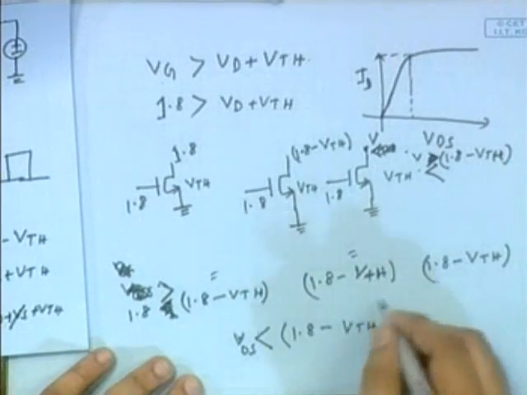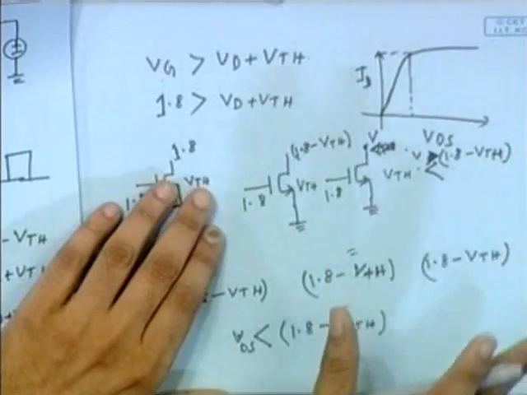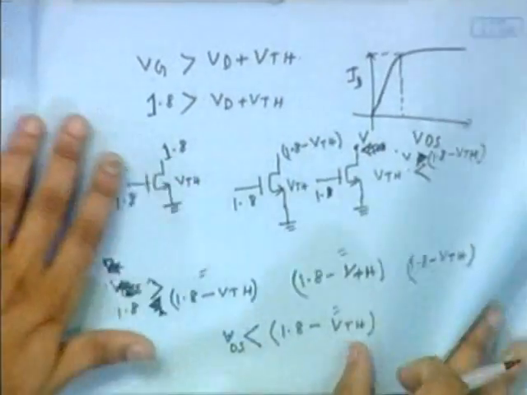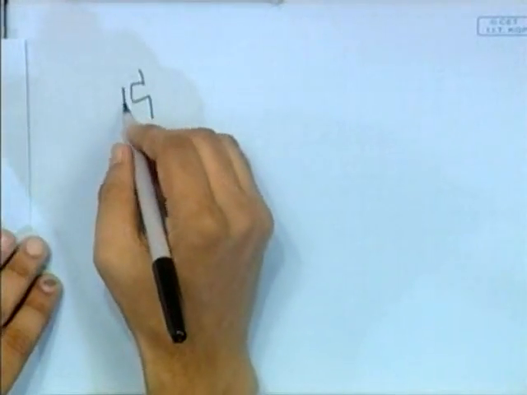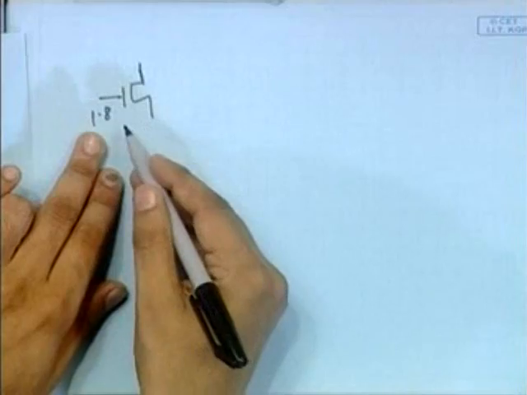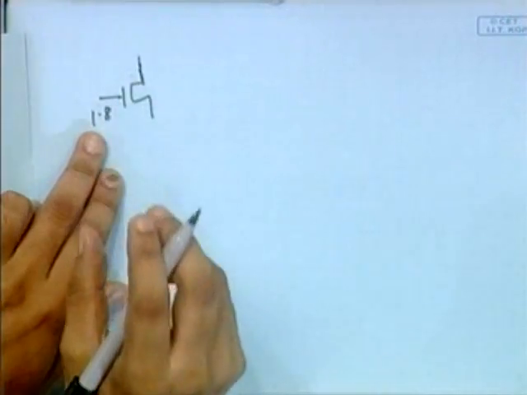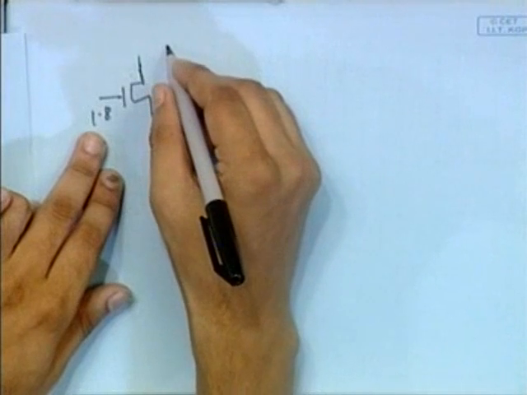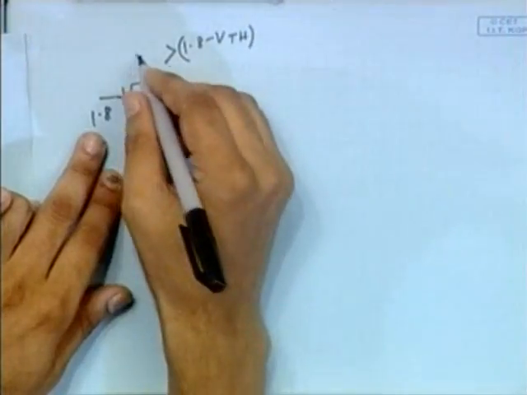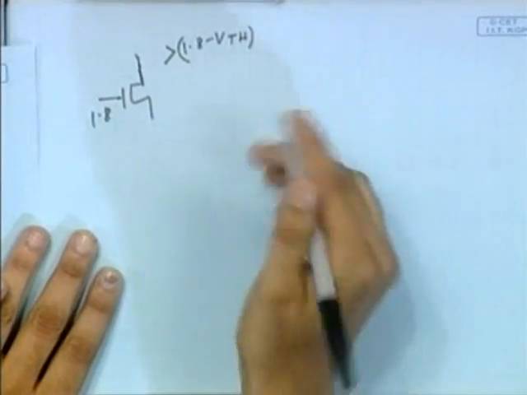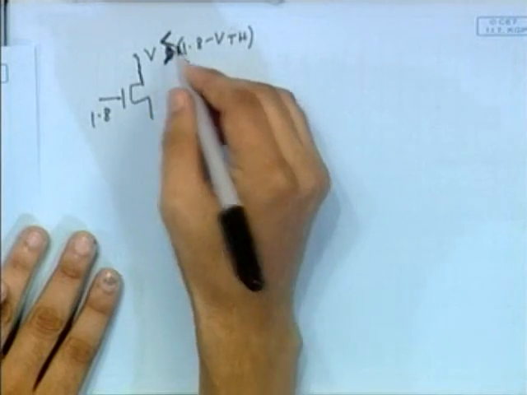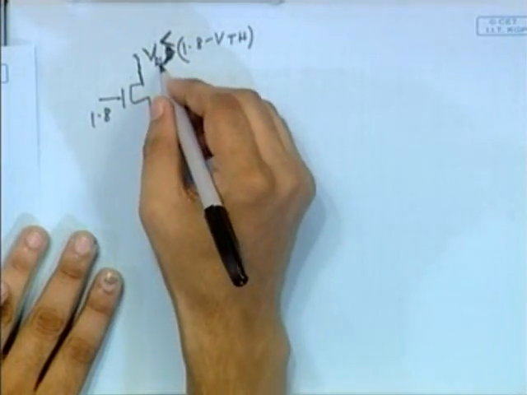Now this is the first case, the second case and the third case. We can apply a maximum voltage of 1.8 volts at the gate. To keep this within the triode region, the maximum potential we can apply is less than 1.8 minus Vth. It should be less than this voltage, VDS.